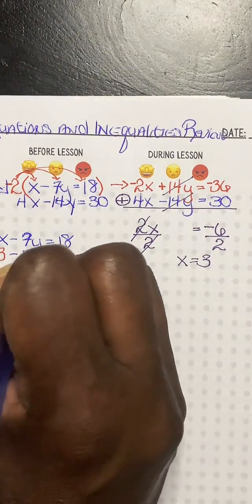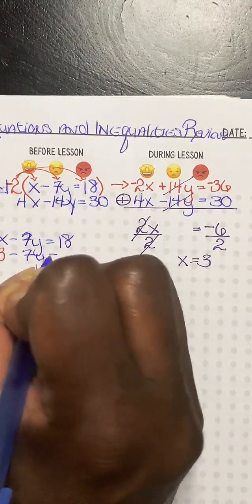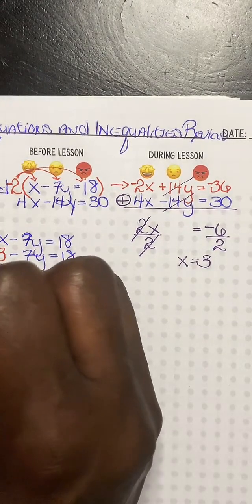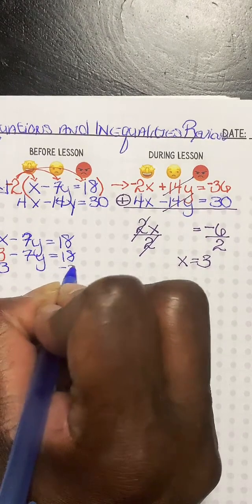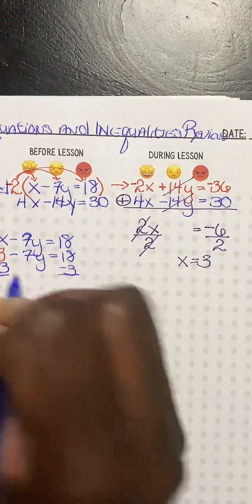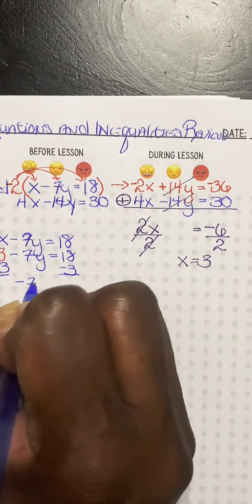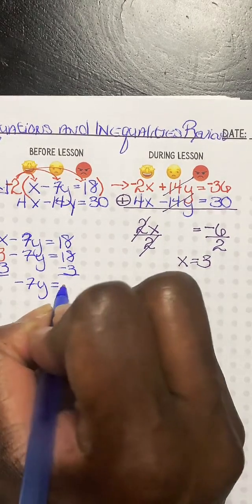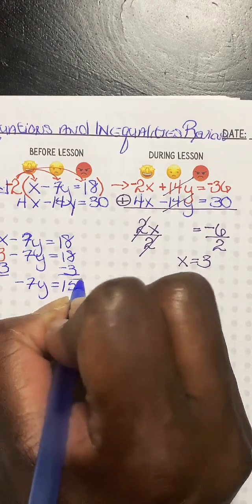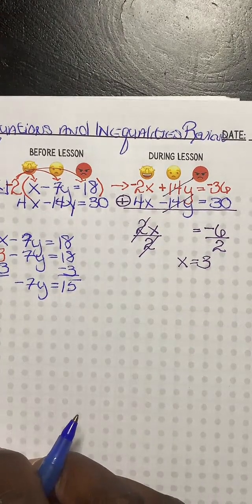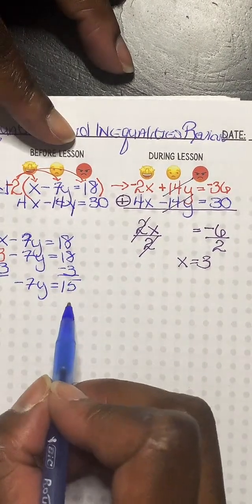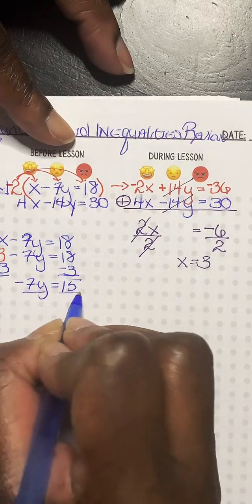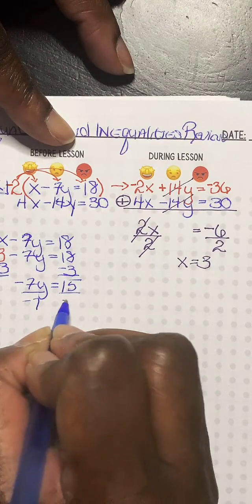Then we have our minus 7y equals 18. We can subtract the 3 on both sides. So I got negative 7y is equal to what, 15? That's kind of weird. But here we are. All right. So then divide both sides by negative 7.